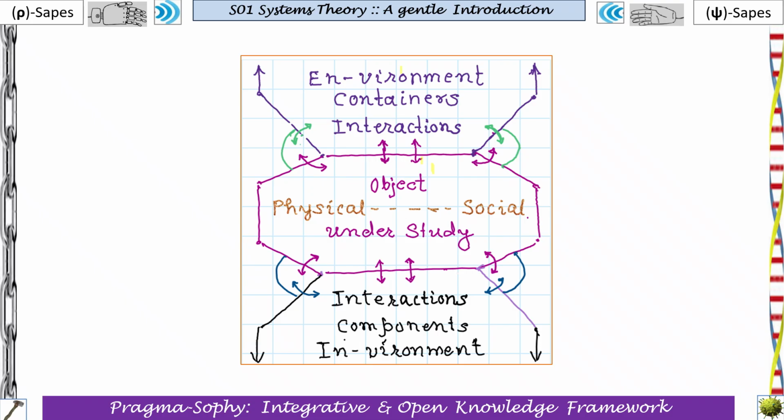Influences move in both directions. The environment affects the object, but the object can also change the environment. Internally, components shape the behavior of the whole, but the whole system can also influence the behavior of its components.